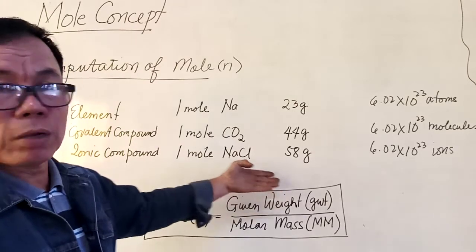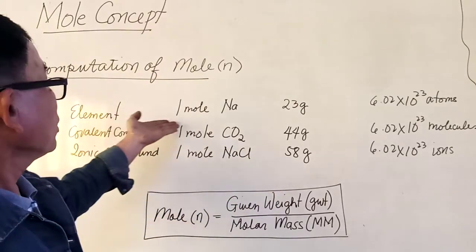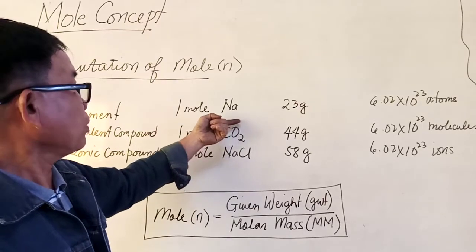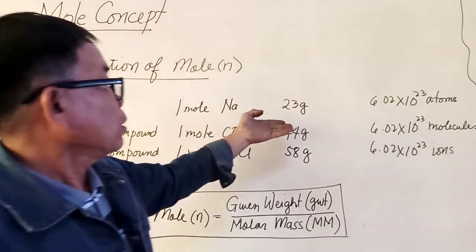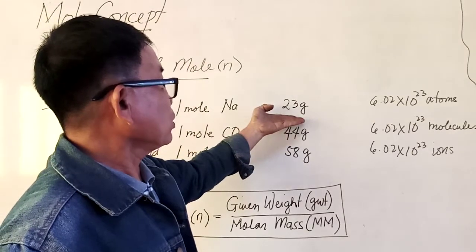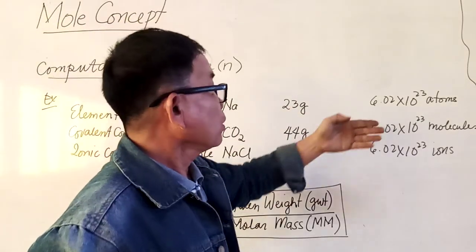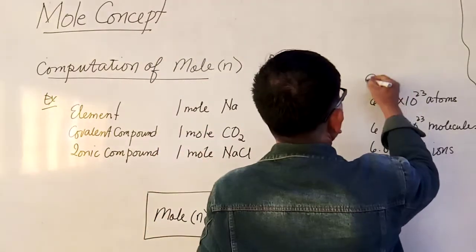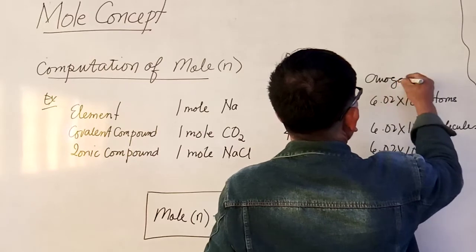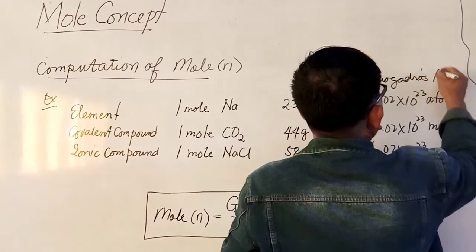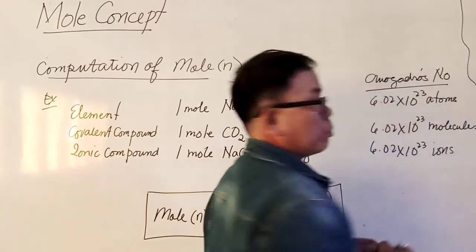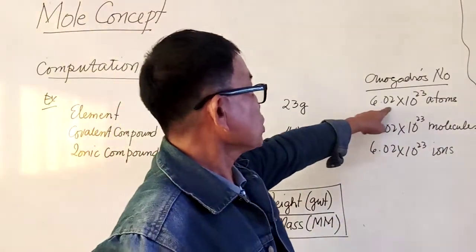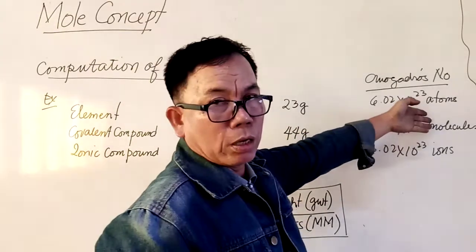Based on the example today, if we have 1 mole of the substance sodium element, then the atomic weight is 23 grams, and it contains the Avogadro's number, which expresses the total number of particles in 1 mole of that substance, equivalent to 6.02 times 10 to the 23rd atoms.